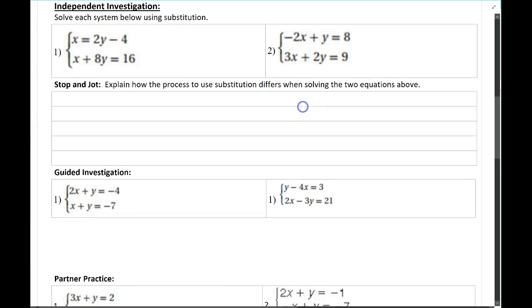There we go. Now, for the stop and jot, explain how the process used to substitute differs when solving the two equations above. Well, the process differs in that the second equation requires manipulation.